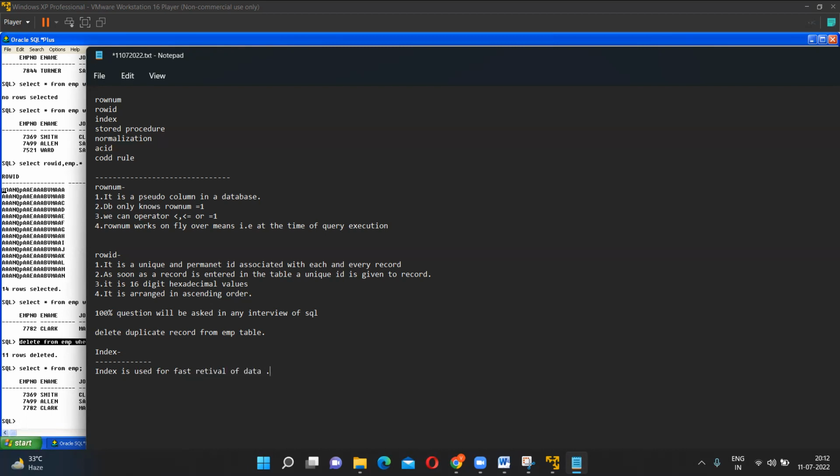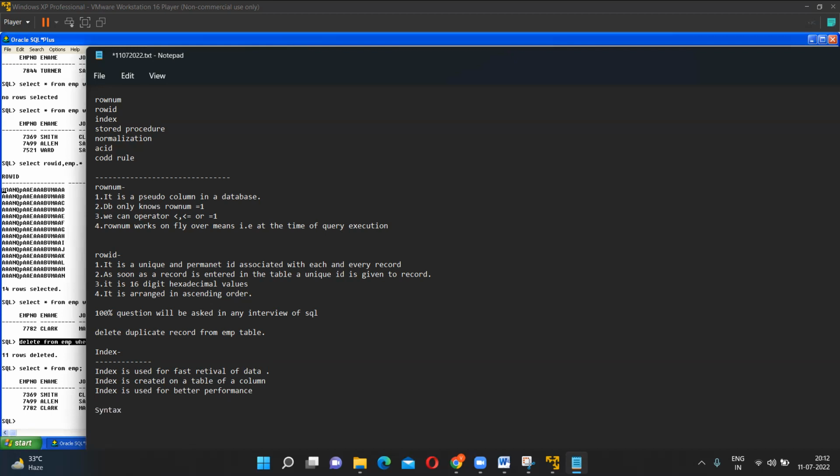Index is created on a column of a table. Index is used for better performance, in the sense of better, fast retrieval of the data.